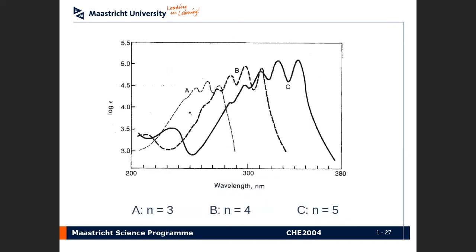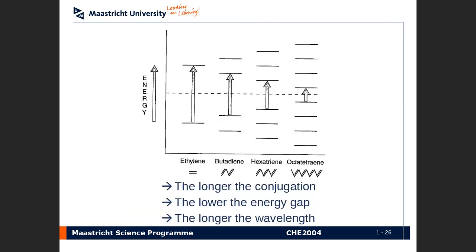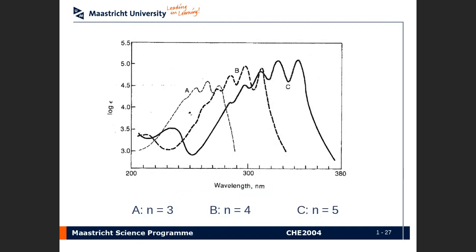And here you can actually see this effect. So here I've actually got the conjugated, these are the experimental UV-Vis spectra, right, absorbance to wavelength, for the triene for n equals 3, n equals 4, and n equals 5, okay?